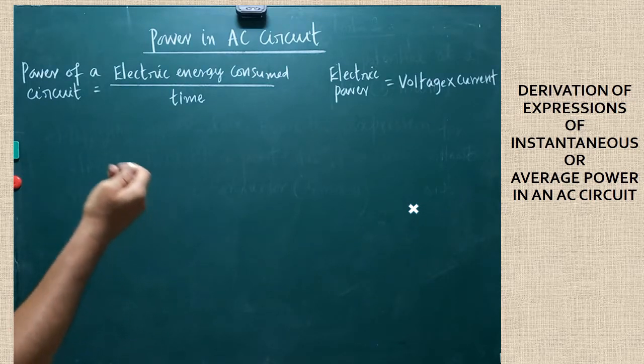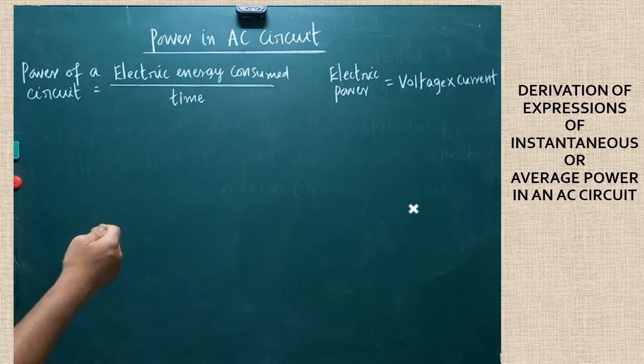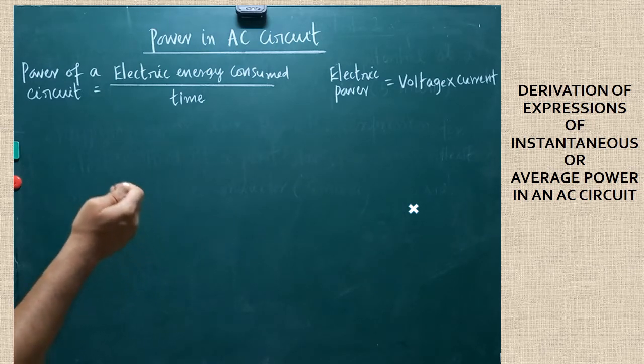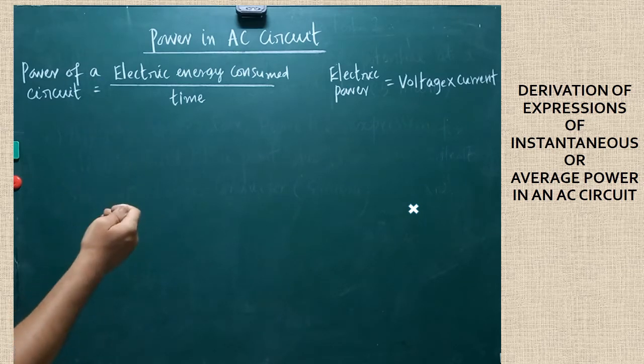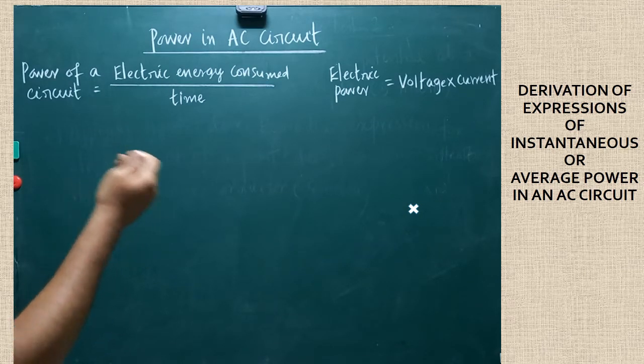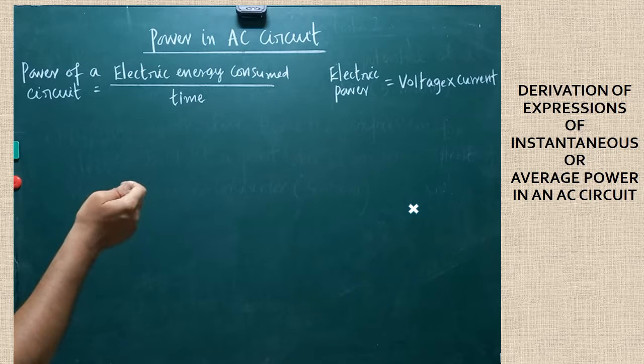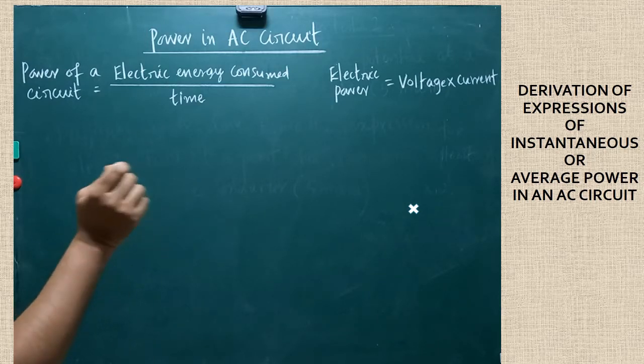Both voltage as well as current are varying with respect to time. It is not like DC. In the case of DC, the current is flowing steadily. That's why direct current is called steady current. But in the case of AC, instantaneously, voltage and current both are varying.